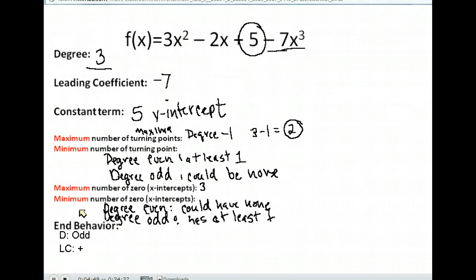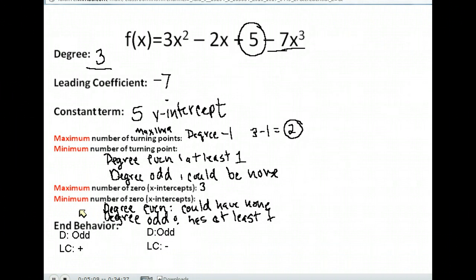If your degree is odd, you could also have a negative leading coefficient, so we'll have to talk about that case. And then we have our evens.